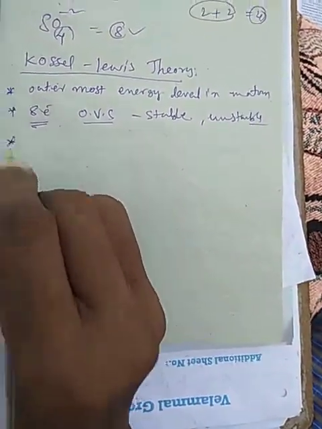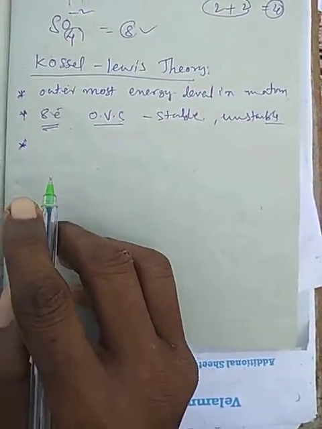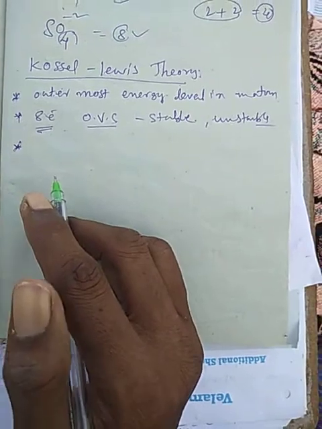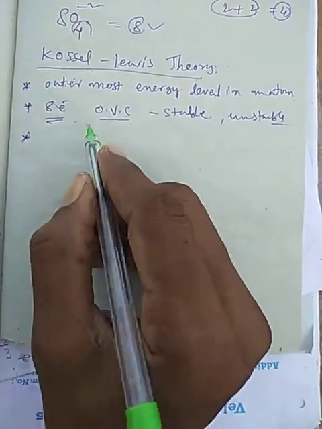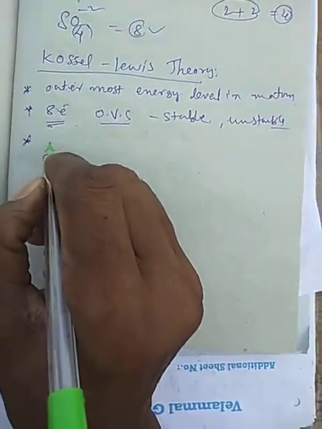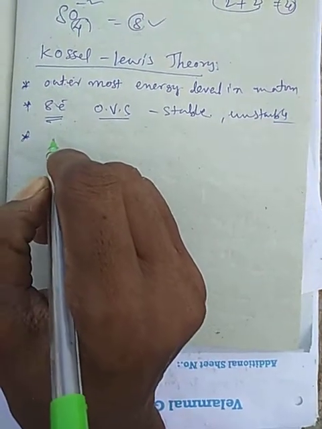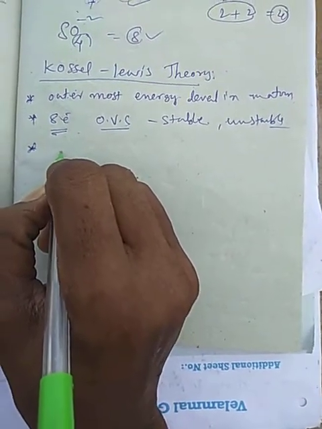Based on this, the statement is that an atom must possess 8 electrons in its outermost valency energy level to be stable.